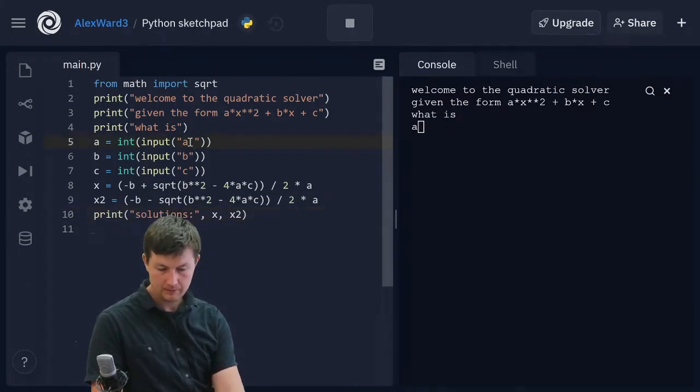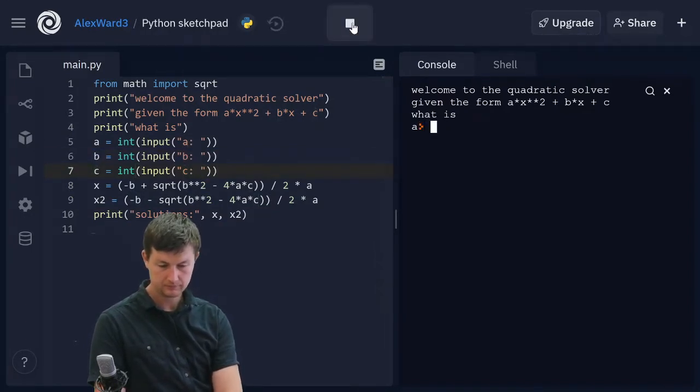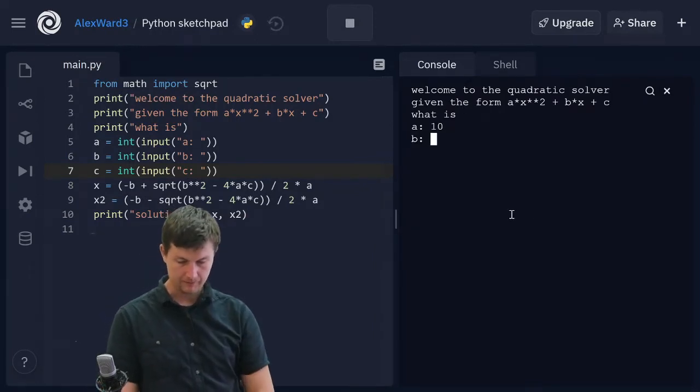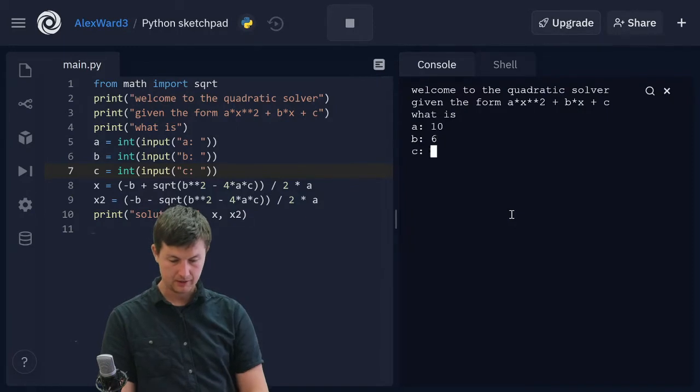Let's give it a little bit more space here. Make it look nice for the user. A is going to equal 10. B is going to equal 6. C is going to equal 32.